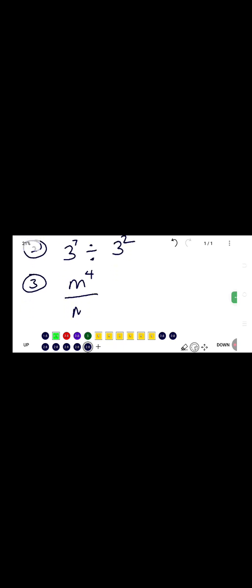Number two, 3 raised to power 7 divided by 3 raised to power 2. Number three, m raised to power 4 over m raised to power 6. So let's start solving quickly.